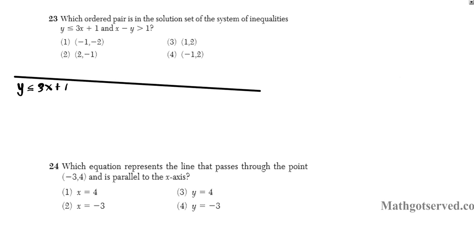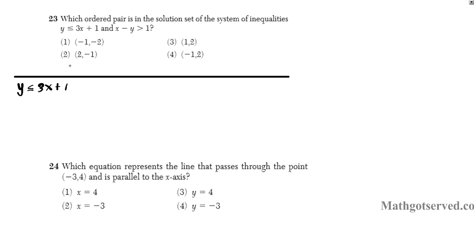So we can make a chart to organize our tests. I'm going to put my system of linear inequalities in the first column, and then my test points in subsequent columns. The first point is option 1, -1, -2. We know that the first coordinate is x, and this is y. So if I plug this into this inequality, do I have a true statement?